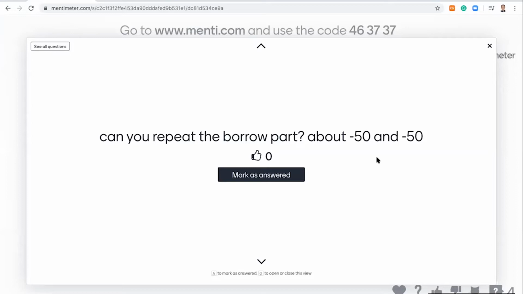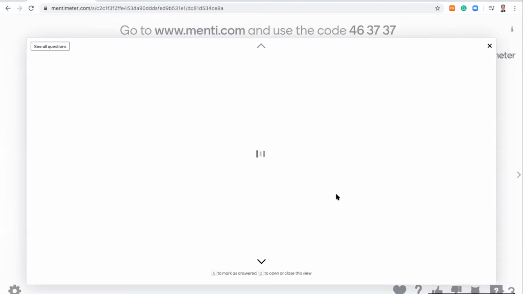Of course, it's a lot. So yeah, you have to pay back $50 in either case. So whether the stock price goes up or down, you have to pay the same amount of money to the bank. And that's it. So I'm gonna mark it as answered.